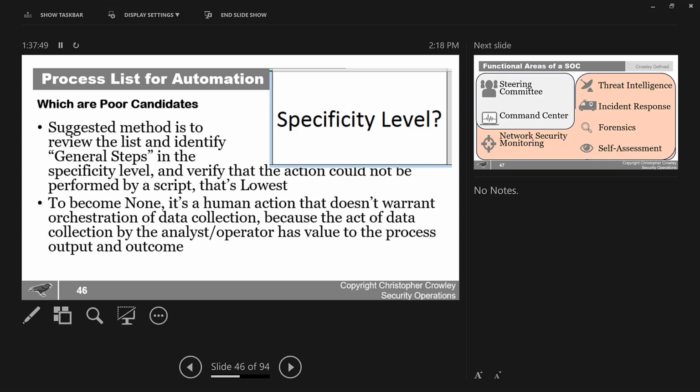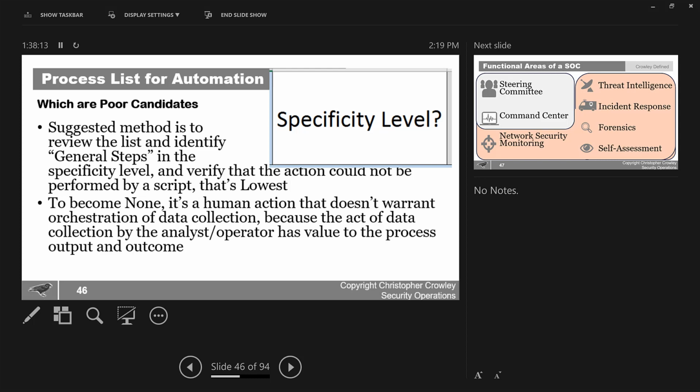Okay? What are some poor candidates? Well, poor candidates are the things that are general steps. If you've gone through the list and done this honestly and you have stuff where it's general steps and I expect the analyst to think about it and figure out, it's probably not ready for orchestration automation. Now, I'd put that as the lowest and none.